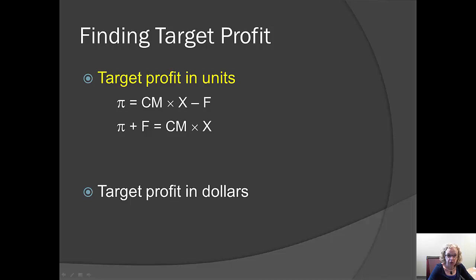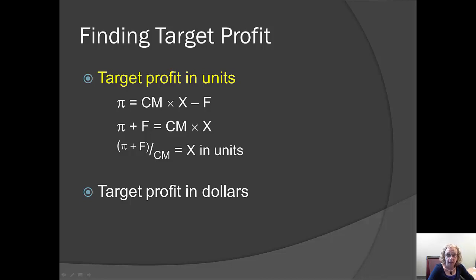So we can use algebra to rearrange the terms of this equation and say that the profit plus the fixed cost must be covered by the total contribution margin, which is the contribution margin per unit times X, the number of units. Now, all we have to do is divide both sides of the equation by the contribution margin, and that gives us a handy formula for determining the target profit in units.